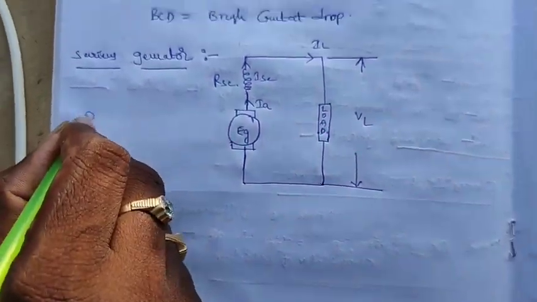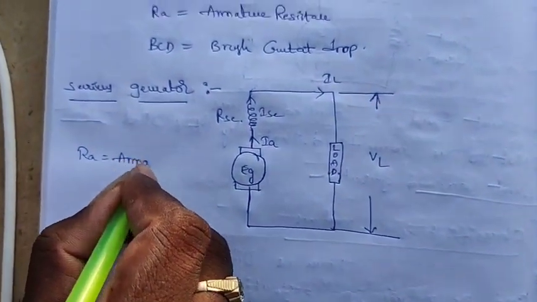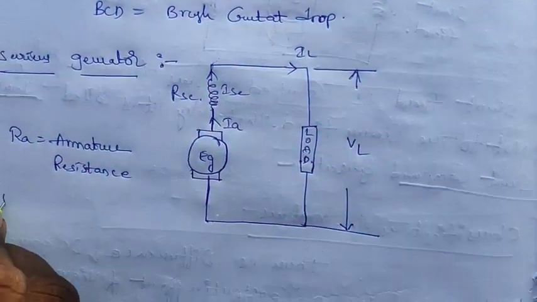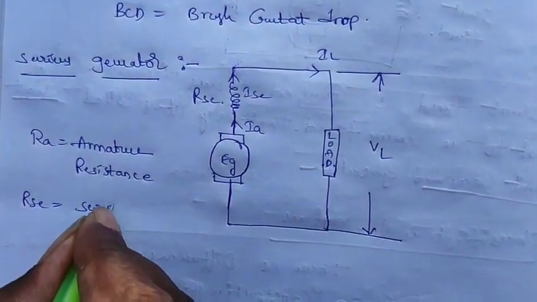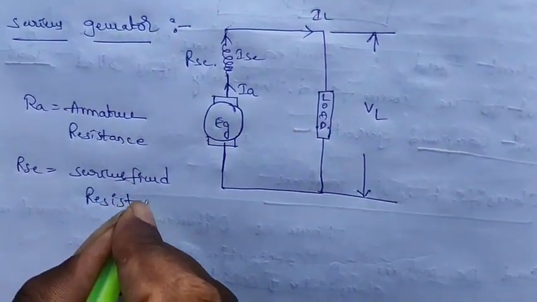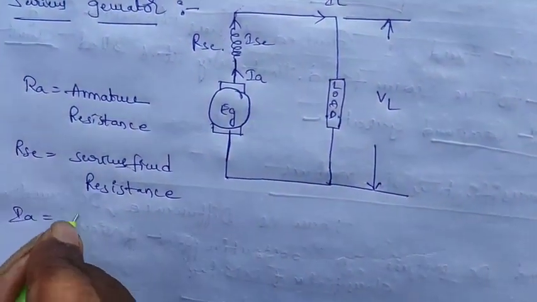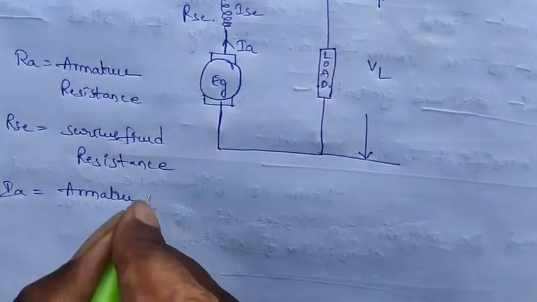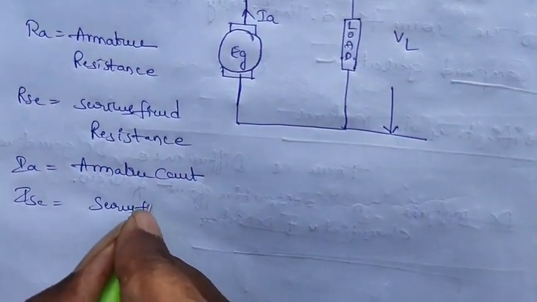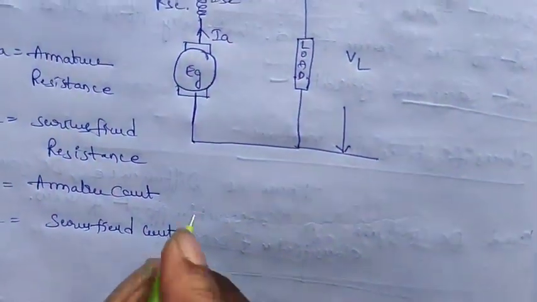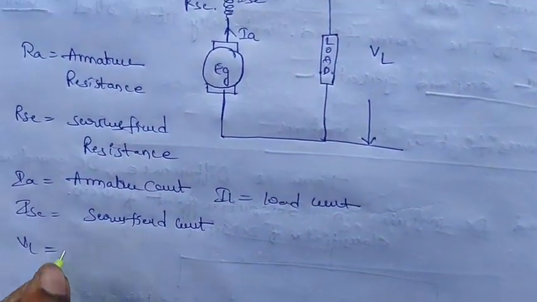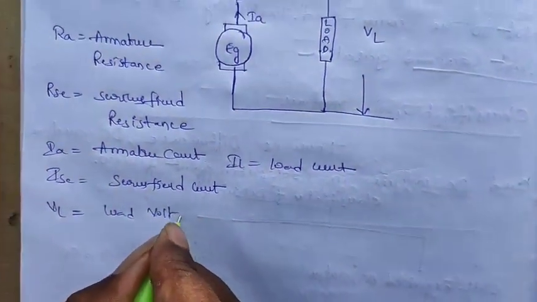So here write down: RA is armature resistance, RSC is series field resistance, IA is armature current, ISC is series field current, IL is load current, VL is load voltage.